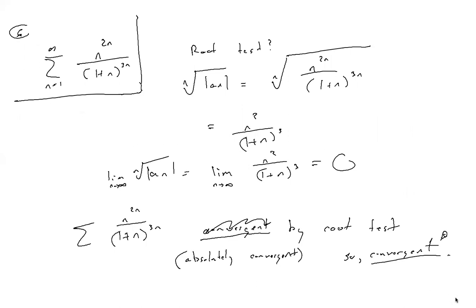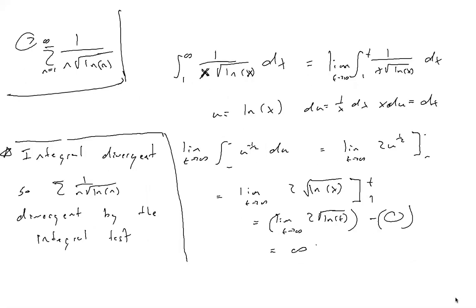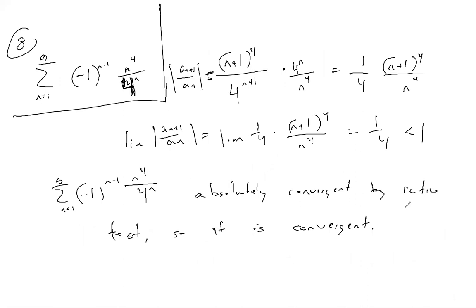I take the absolute values, they're convergent. It's the same thing as my original series being convergent. But now here in this case, there's a difference, right? The original series is different than the series of absolute values. So now it's more important to say, okay, it's absolutely convergent by ratio test, so it is convergent.